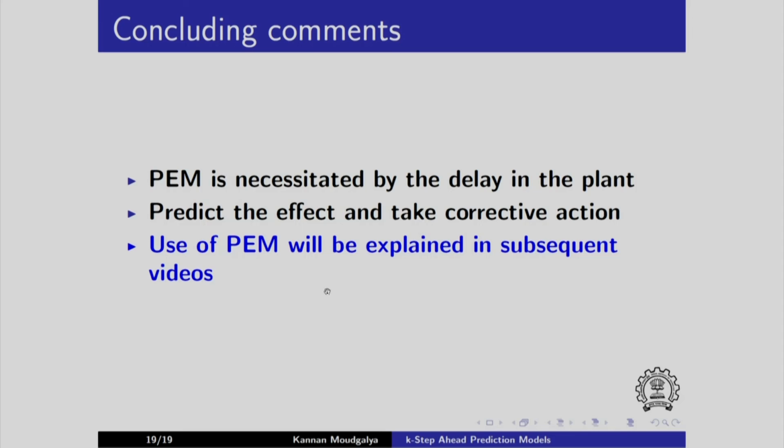It should be understood that in the previous week we discussed the one step ahead prediction model. There we assumed the delay was just 1 unit. Here we have generalized it for k delays, a delay of k samples. We will explain the use of this prediction error model in subsequent videos.